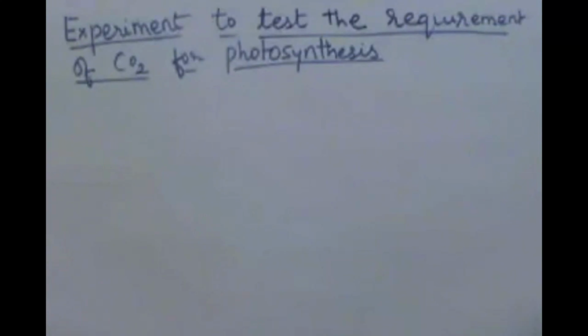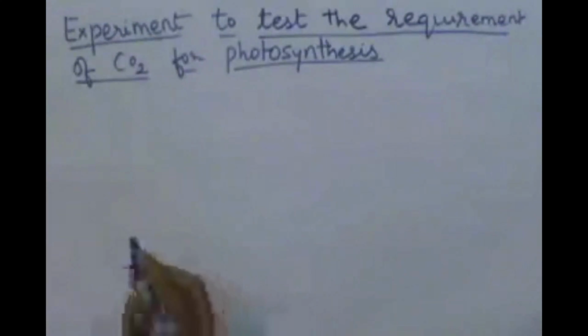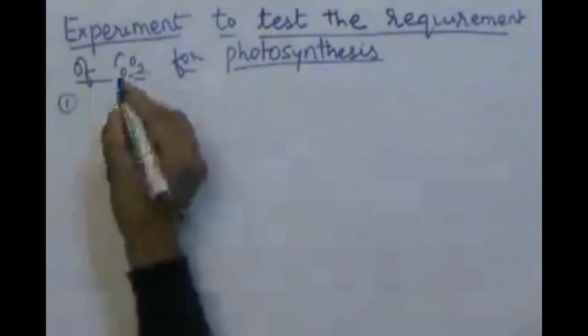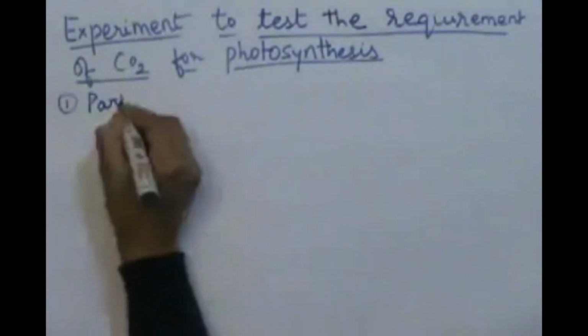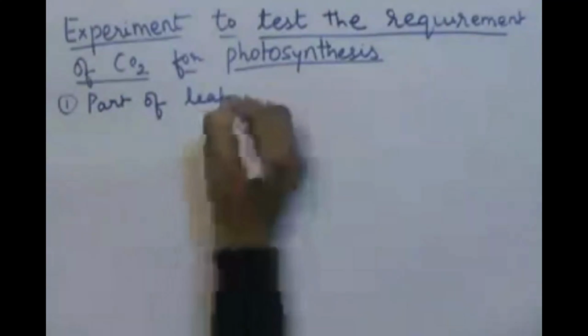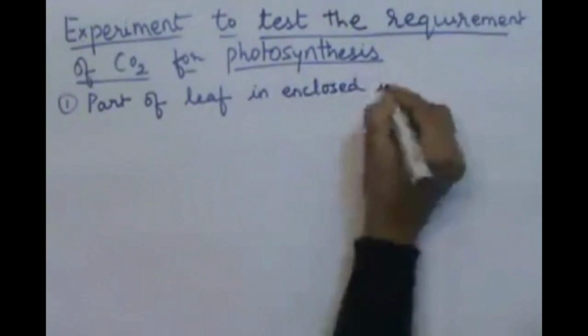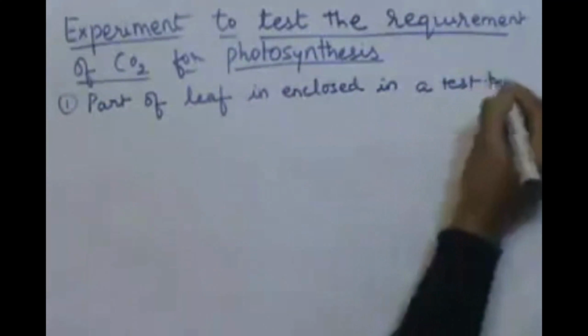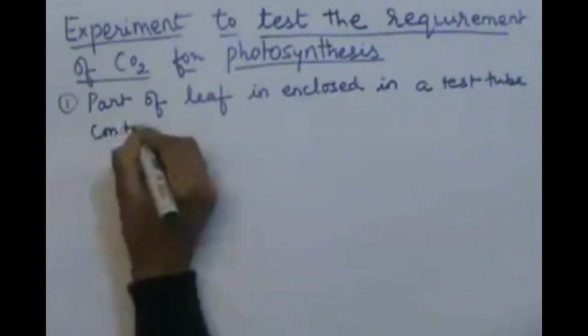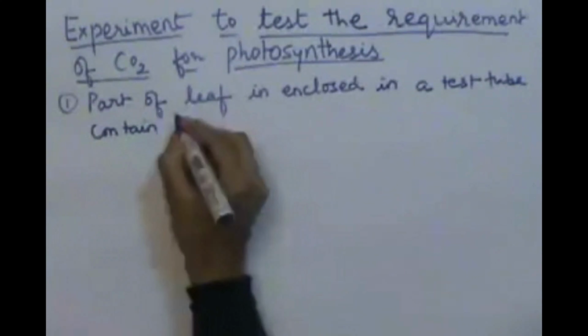Carbon dioxide for photosynthesis. We are going to discuss one of the experiments which has the following steps. The first step is that part of the leaf is enclosed in a test tube containing some KOH soaked cotton.